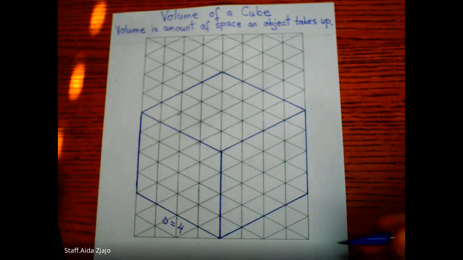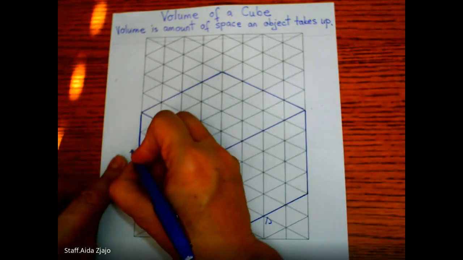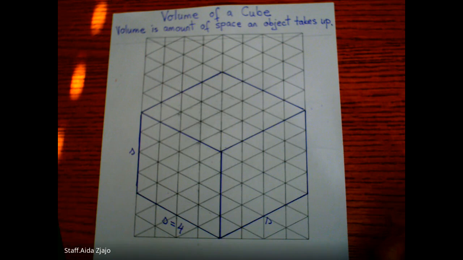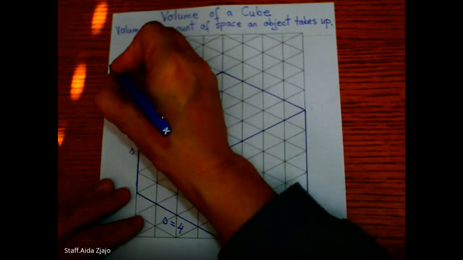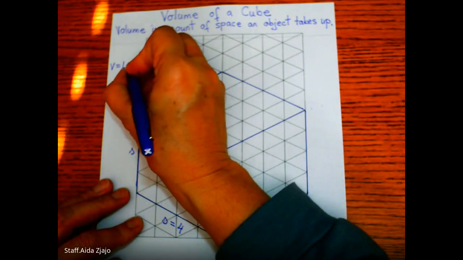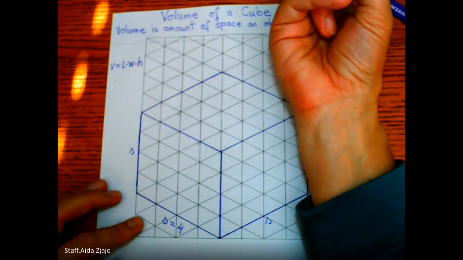And then we know this is S also, this is S, if all these are S: the length, the width, and the height. Every volume formula is length times width times height. So the volume formula is a long side times a short side times the height of that 3D shape.